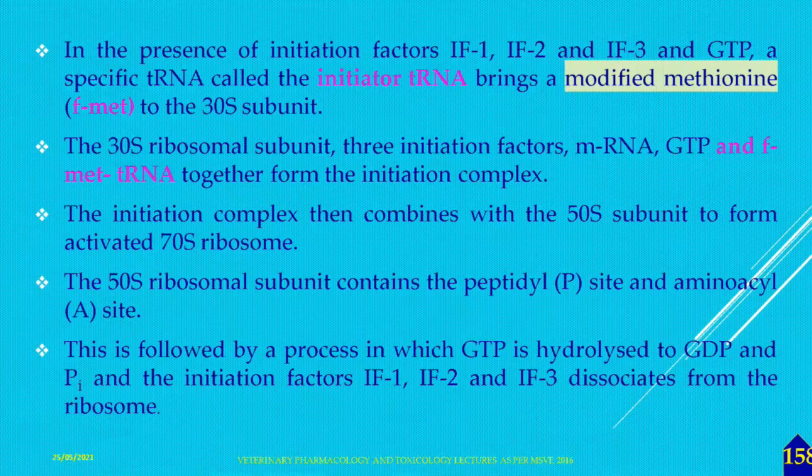The 50S ribosomal subunit contains the peptidyl P site and the amino acid A site. This is followed by a process in which GTP is hydrolyzed to GDP and Pi, and initiation factors like IF1, IF2 and IF3 dissociate from the ribosome. So this is how protein synthesis occurs.